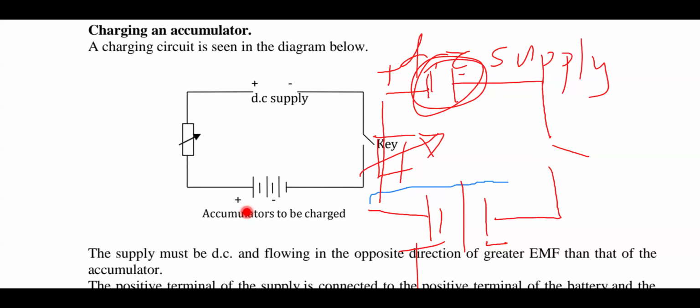This means the positive terminal of the DC supply must be connected to the positive terminal of the accumulator, and the negative terminal of the DC supply to the negative terminal of the accumulator.